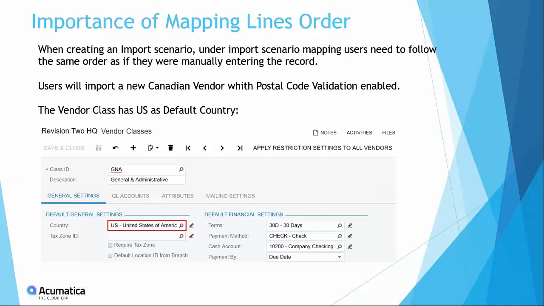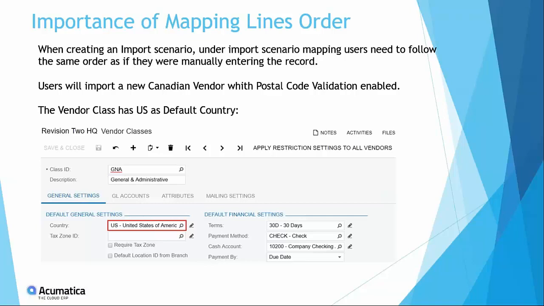As I mentioned in the previous examples, it is important to follow the same order as if you were manually creating a record. When you manually create a record, you first populate the first fields from the summary, then you go back to the general settings and other settings.